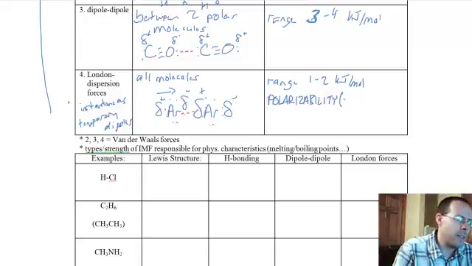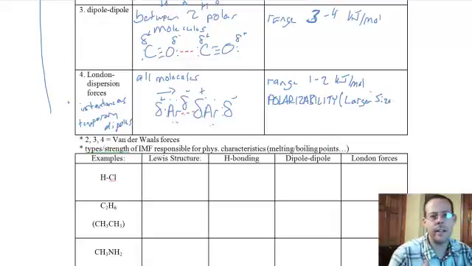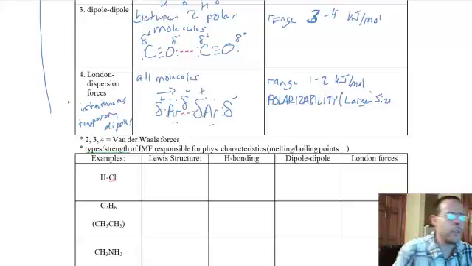Alright, so polarizability, kind of the trend that you need to be aware of is that the larger the size, so again, if we think in terms of periodic trends, as we go down the periodic table, our atoms are getting larger. So the larger the size equals stronger IMFs.